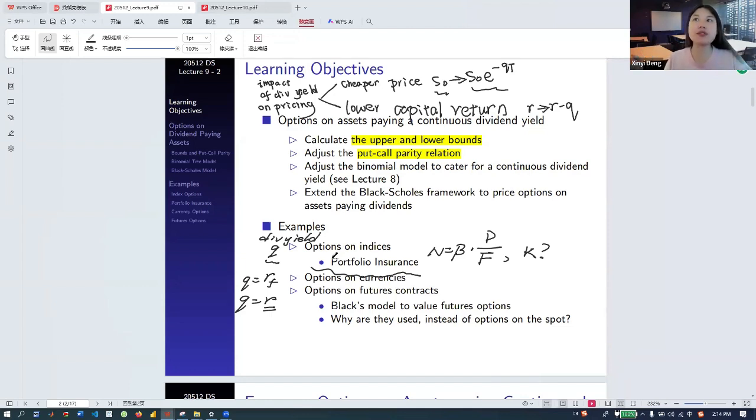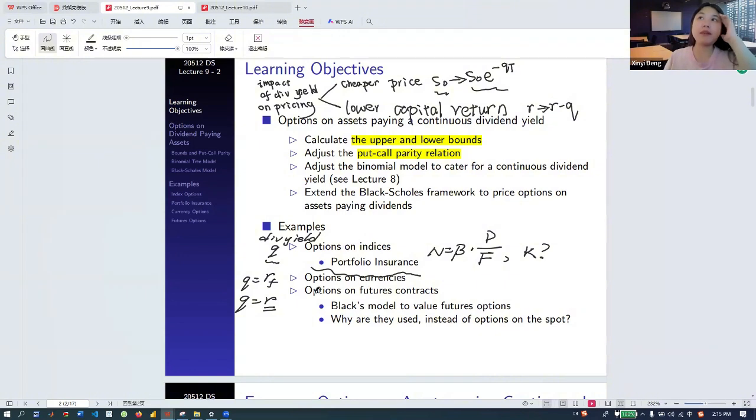One interest rate is for the domestic currency, and the other is the risk-free rate for the foreign country. So for options on currencies, the dividend yield q is actually just r_f, the risk-free rate of the foreign country.